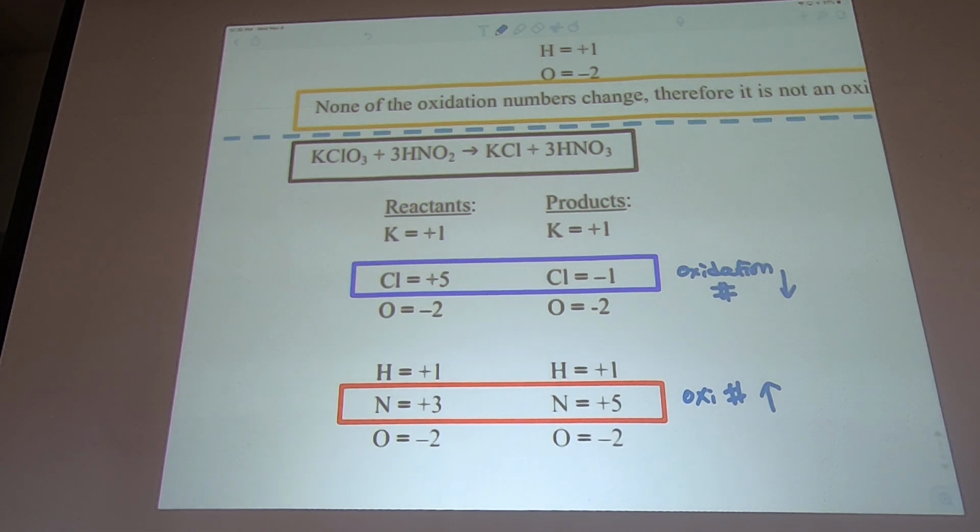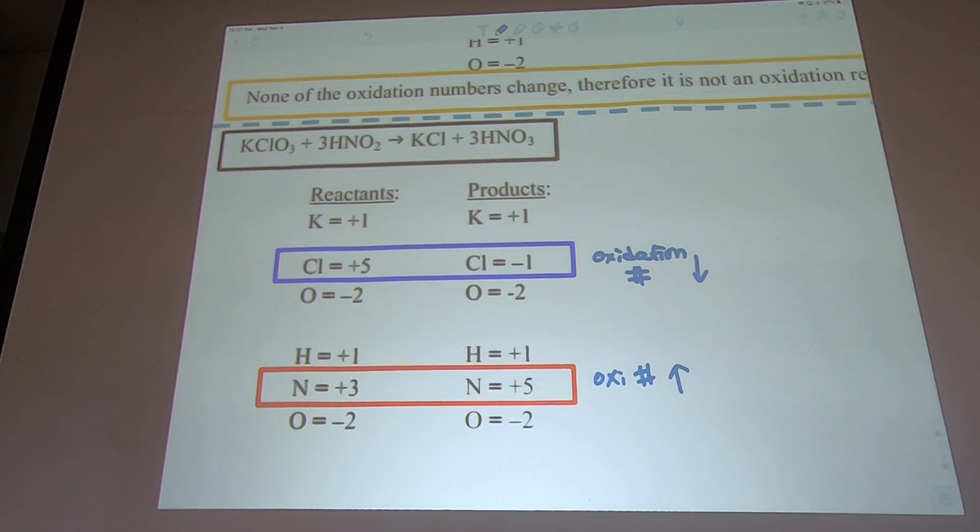So which one is the reduction reaction? I want to make sure I'm being clear. This compound is being reduced, right? I'm using the passive form. This one itself is being oxidized. All right.